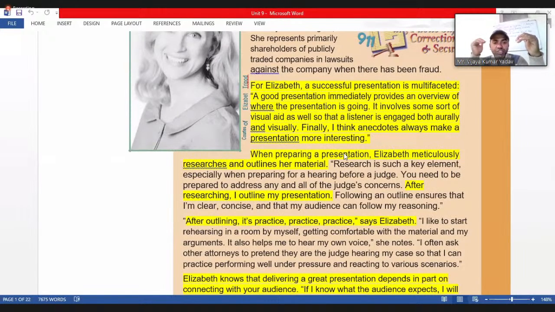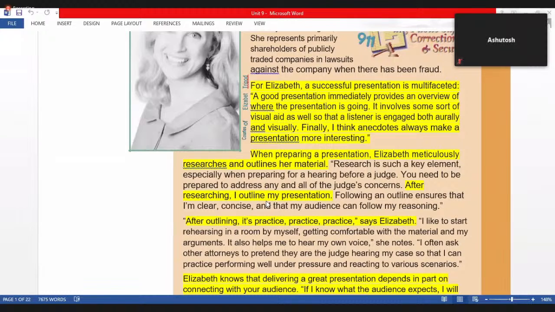She researches, and she outlines the materials. She gathers the materials first. She goes through all those materials. She prepares notes on the basis of reading, and then on the basis of those notes, she prepares the paper for presentation. Okay, so this is what you have to do.